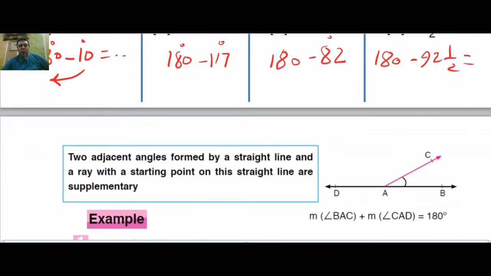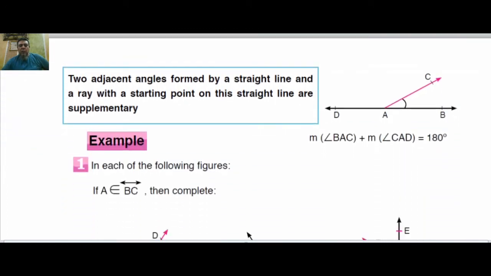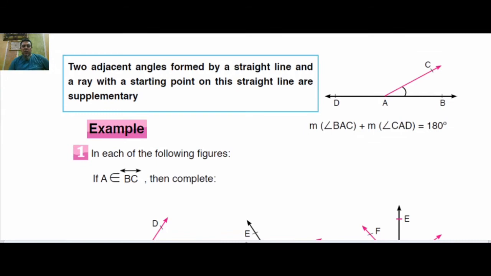Definition: two adjacent angles formed by a straight line and a ray with a starting point on this line are supplementary. In this figure, BD is a straight line, AC is a ray, and the starting point of the ray belongs to the straight line.